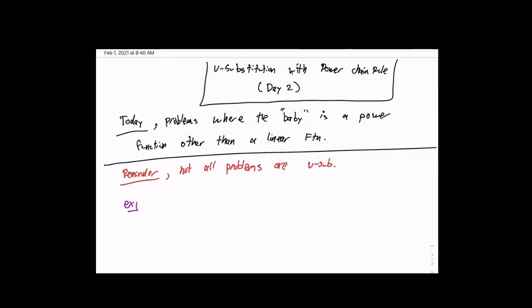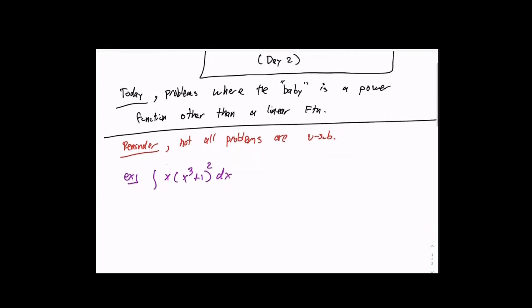For example, if I gave you the integral of (x cubed plus 1) squared dx, this is a problem where many people will look at it and think, I need to do U-substitution on this problem. I see two functions of x in the problem.